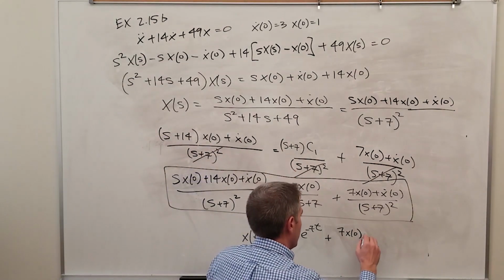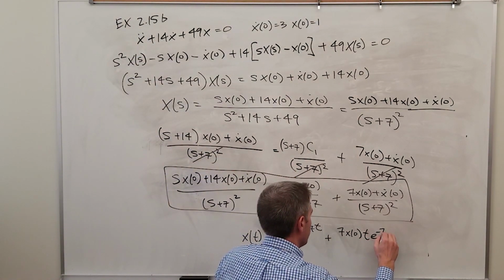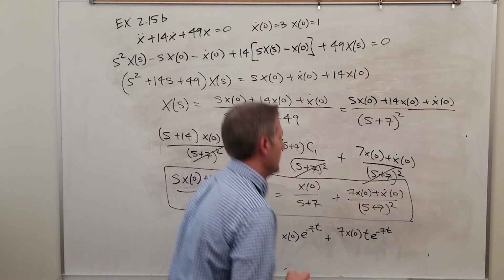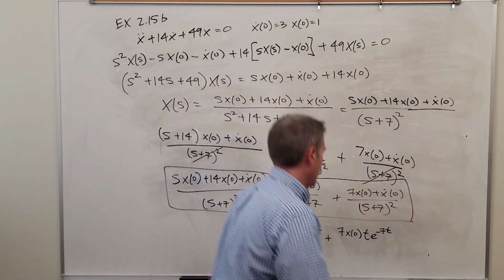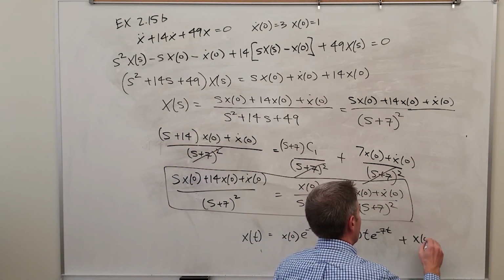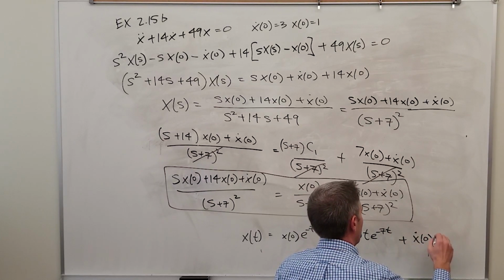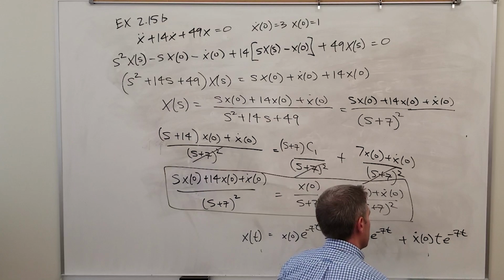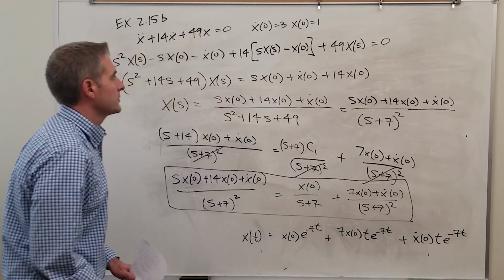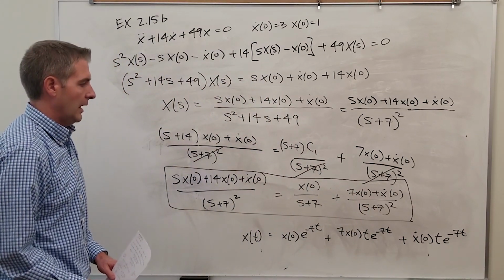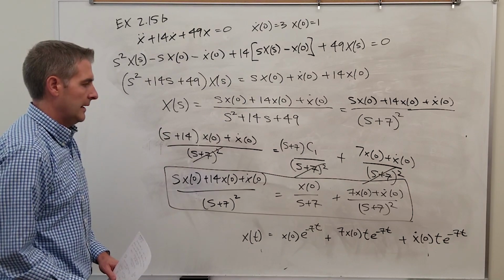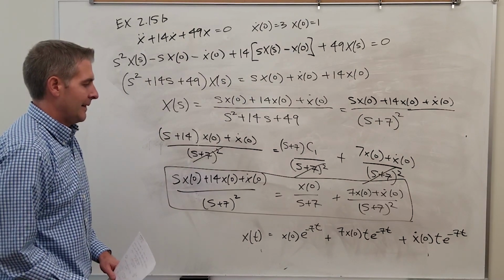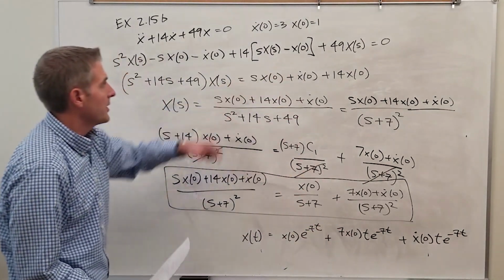In this case, it's t times e to the minus 7t. And this last term is going to be plus x dot 0 times t times e to the minus 7t. I'm going to write this equation up here.